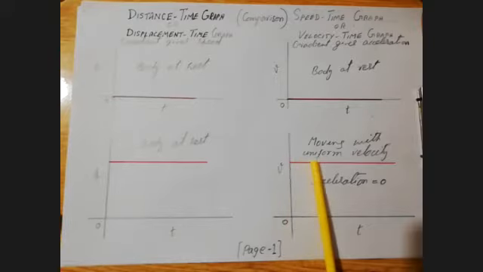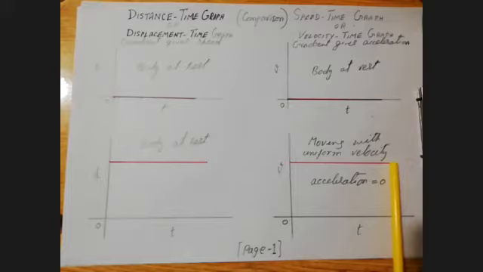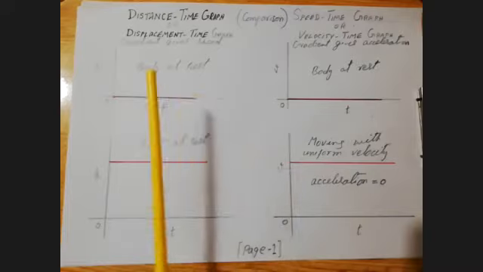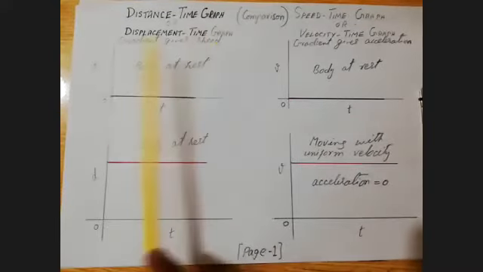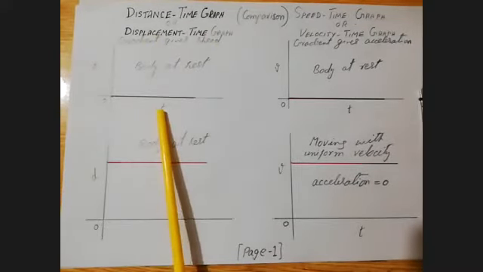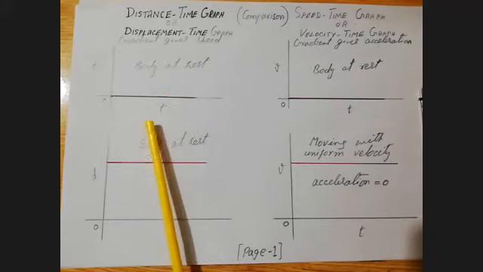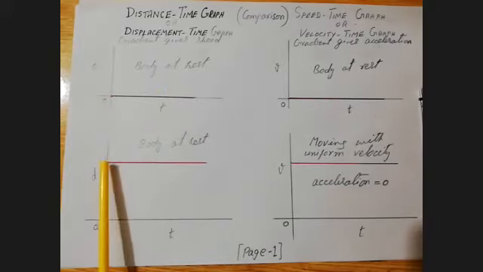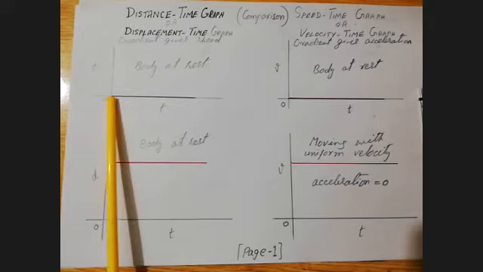As you know, a horizontal line shows that the gradient of the graph is zero. As I told you, the gradient of the velocity time graph gives you the acceleration, and the gradient of the distance time graph gives you the speed. Remember these two things. Here you can see that the gradient is zero in these two cases.